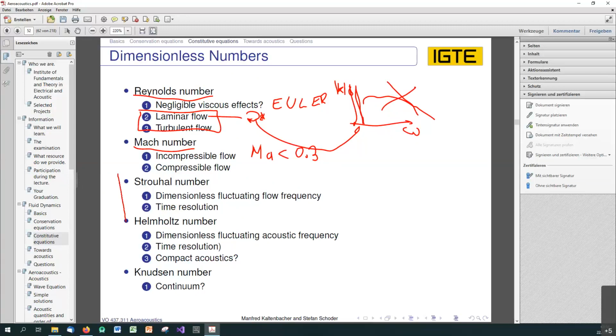I will make a homework for you: just look these three numbers up. The Strouhal number is more or less a dimensionless flow frequency. The Helmholtz number is related to acoustics, and you can decide whether you have compact acoustics or not. And then we already had the Knudsen number, which decides if we are in continuum theory or not.